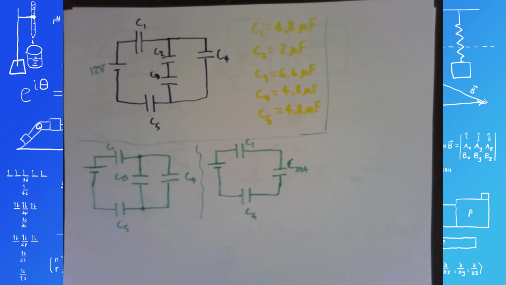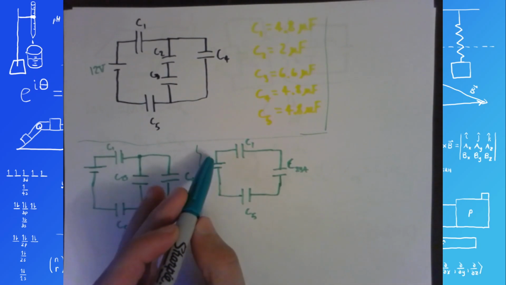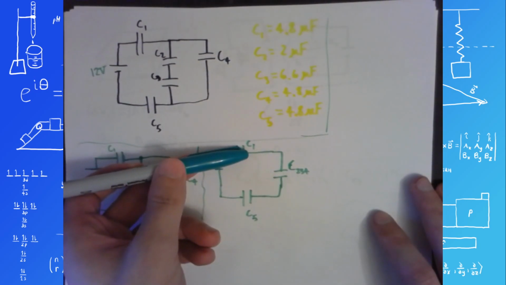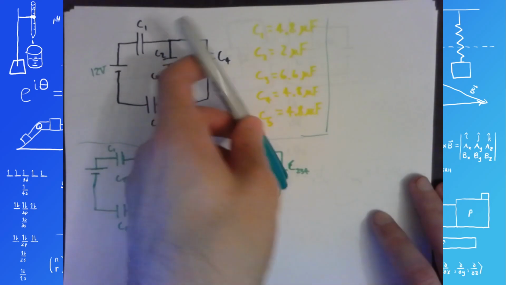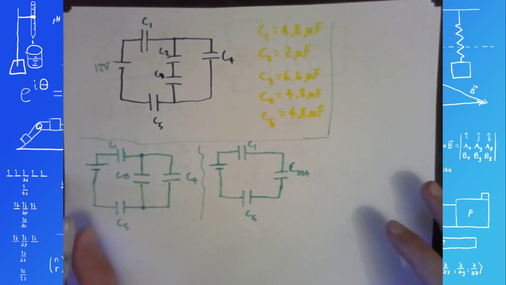Anyway, back to solving this. So now I've got just 3 capacitors in series. Any charge that travels through this capacitor is going to displace an equivalent amount of charge that goes through this one, which will displace an equivalent amount of charge that will reach this one, which will push charge back to the battery.